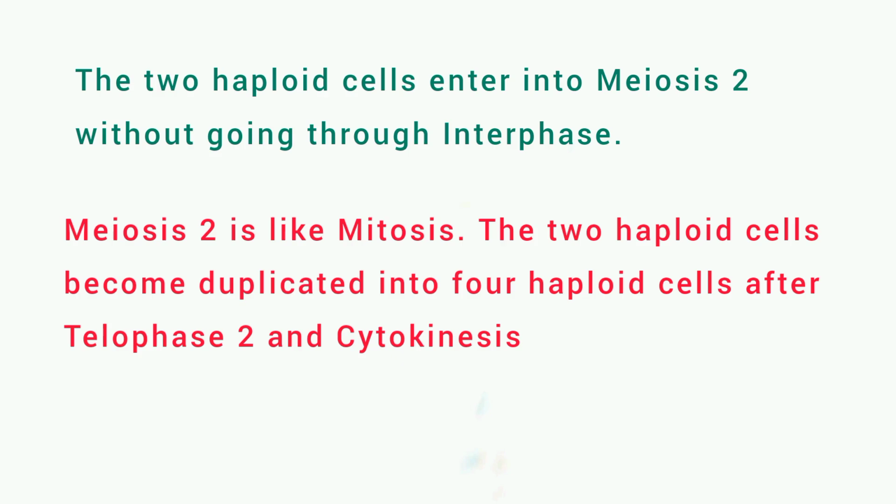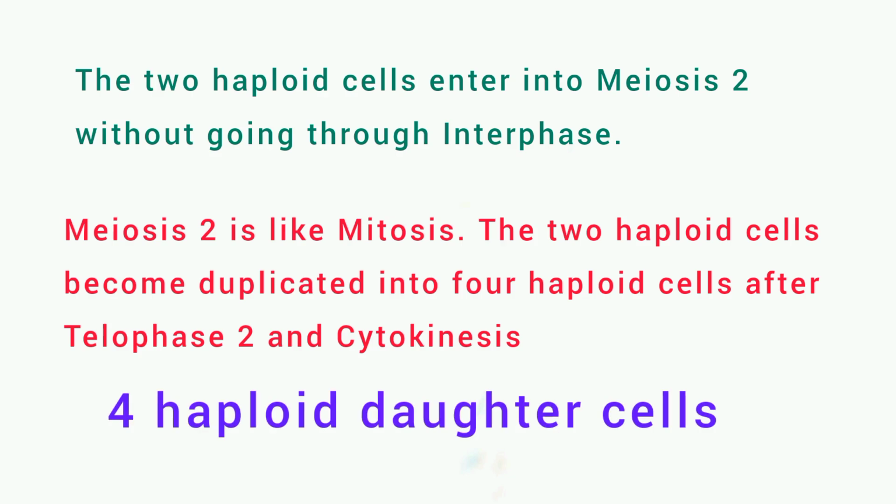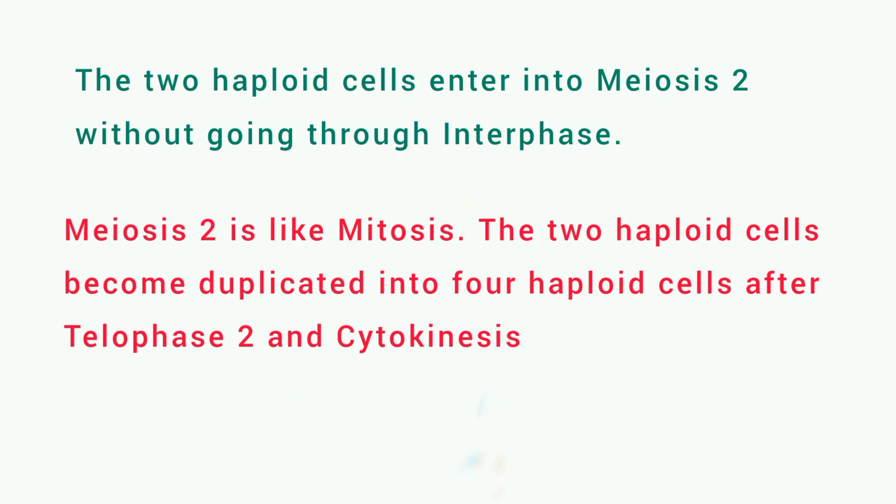So the two haploid cells will become four haploid cells after the normal prophase 2, metaphase 2, and so on, until you get to telophase 2 and cytokinesis. Then they will produce four haploid daughter cells, and that would be the end of meiosis. The four daughter cells can differentiate into either the sperm cell or the egg cell.